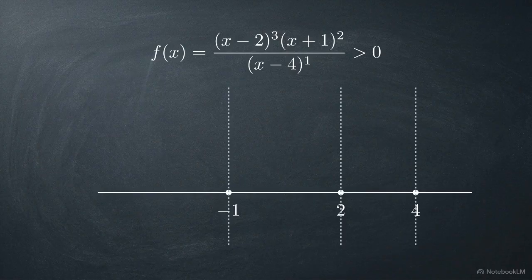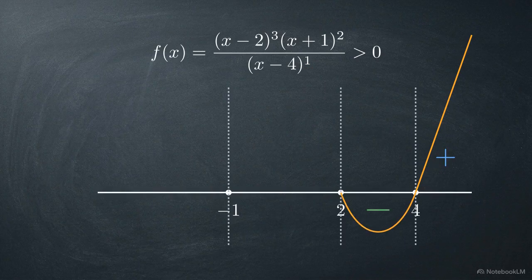For step 3, we initialize the sequence. Because all our x terms are positive, we place a positive sign in the rightmost interval. We then evaluate the map by moving right to left across our plotted roots, checking the original exponent of each factor. Hitting the root 4 from an odd power, the sign flips, crossing into negative territory.